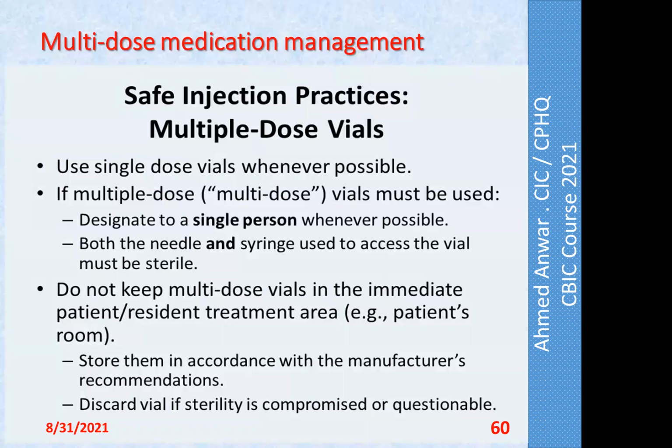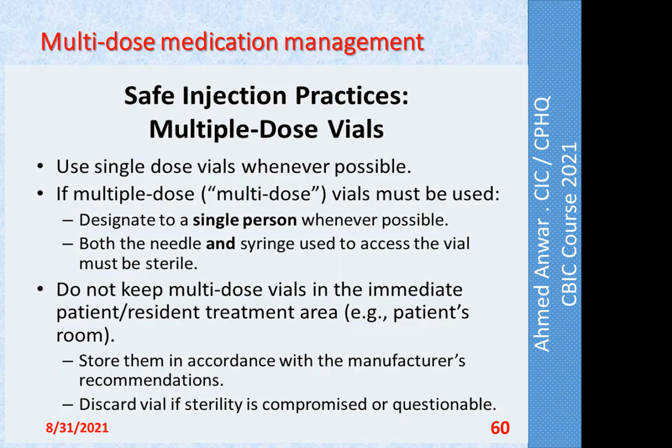Safe injection practice. Use single dose vials whenever possible. If you have multi-dose medication, it must be used for a single person and labeled with the patient data. And every time we use this multi-dose medication, we use a new syringe and a new needle.